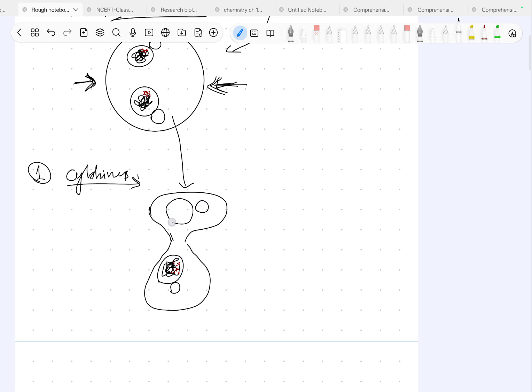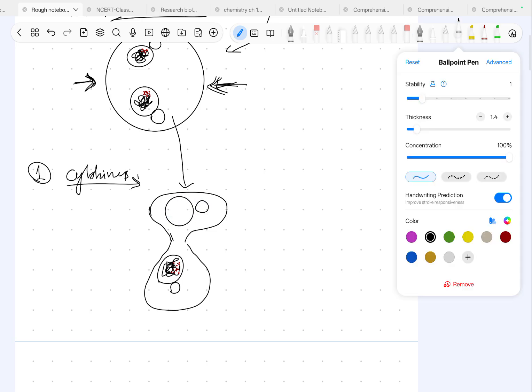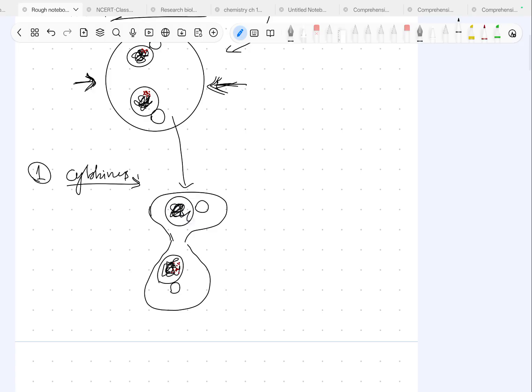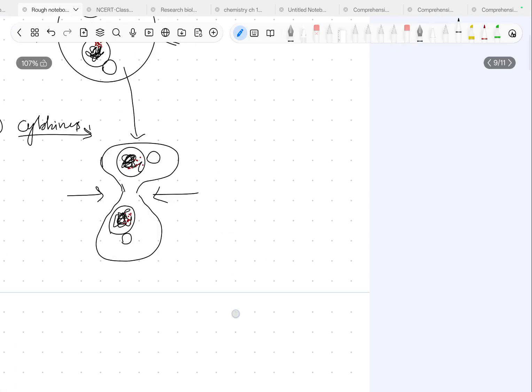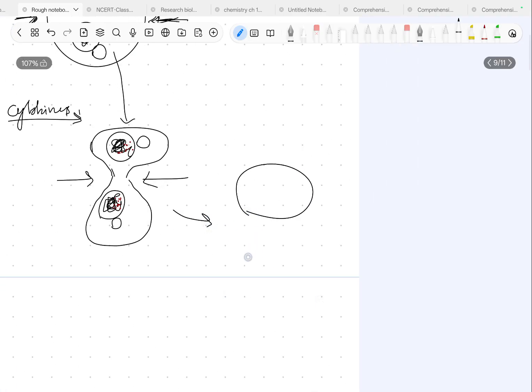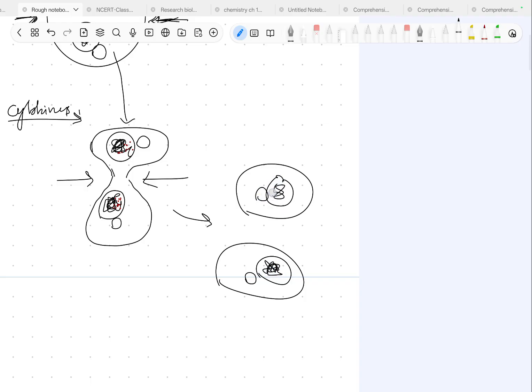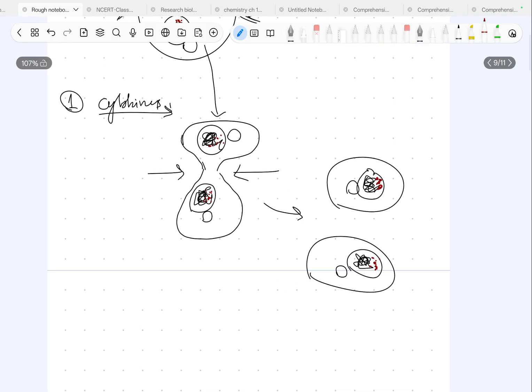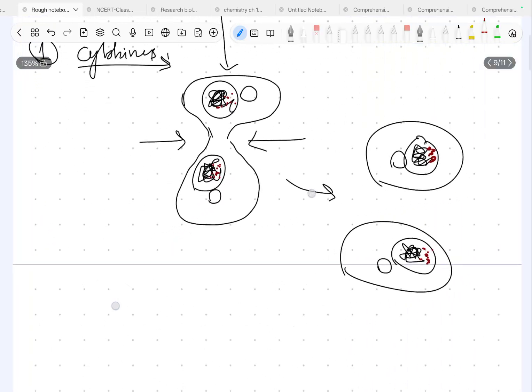Here the centrosome, and here the depression is actually formed. Here the pressure will be there, and finally two cells will be generated successfully. Okay, like this things occur.